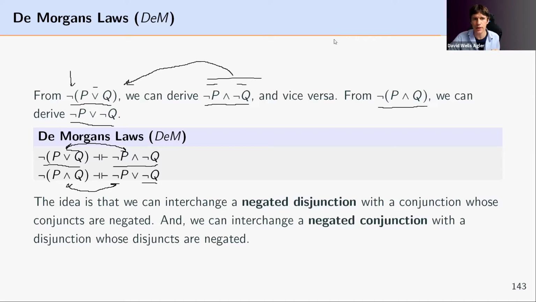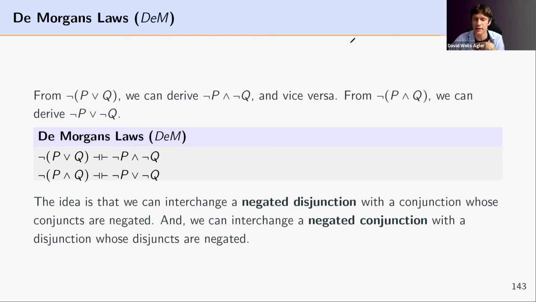So one question that you might have is, isn't this somewhat related to the truth tree rules that you have for propositional logic? And the answer is yes, in a way. So let's say you had a negated disjunction.